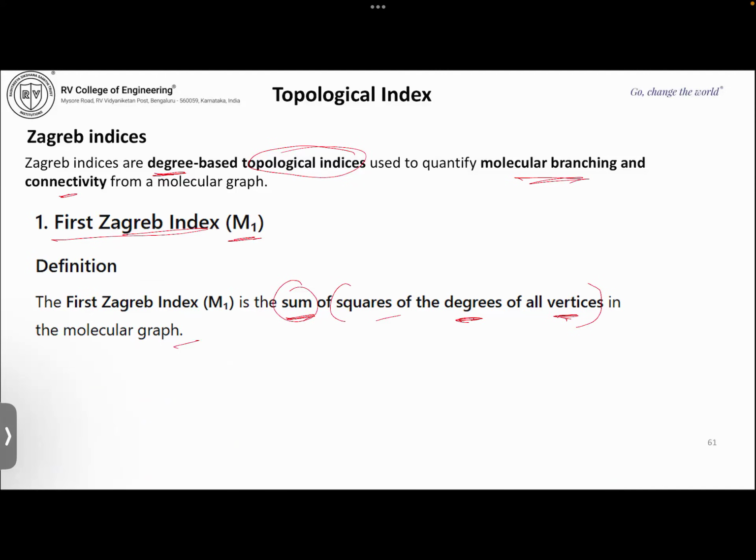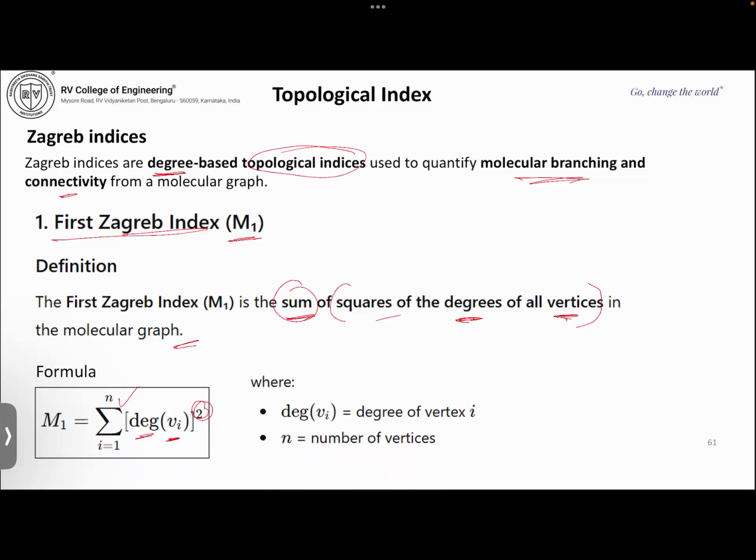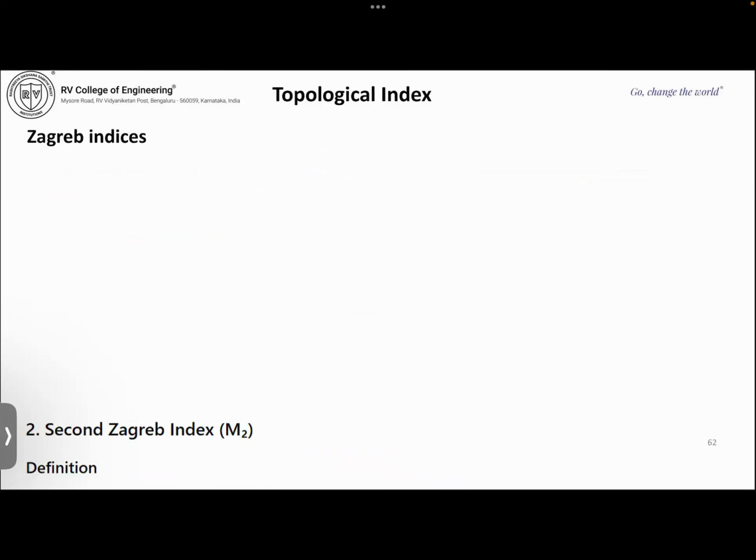You will get one number, which is the Zagreb index for a molecular formula. The formula is very simple: M1 is the sum, for i from 1 to n, of the square of the degree of vertex i, where n is the number of vertices and degree Vi is the degree of vertex i.